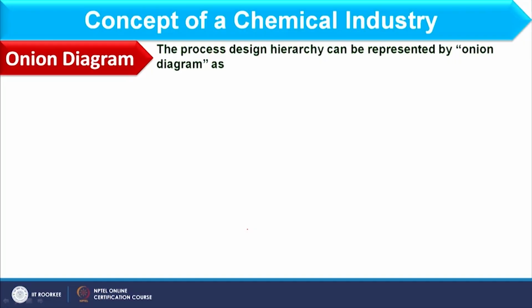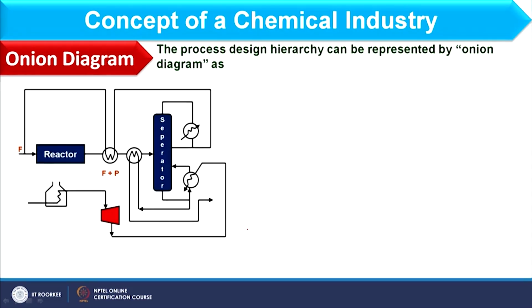Now we will focus on which plant we should apply that design. For that I am considering chemical industry. Obviously, being chemical engineers, we are going to design the equipment for chemical industry. First of all, let me focus on chemical industry, and I am explaining that through an onion diagram. You all should know that if I am considering a chemical process where, let us say, A and B are converted into C and D, that reaction should be carried out in a reactor.